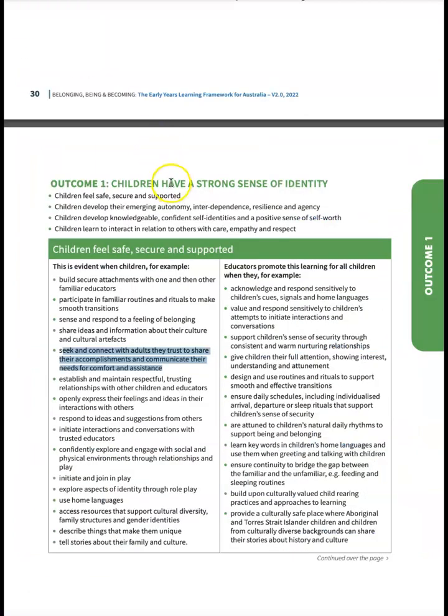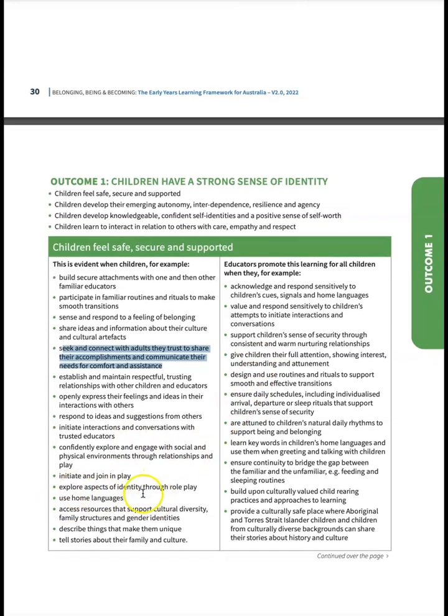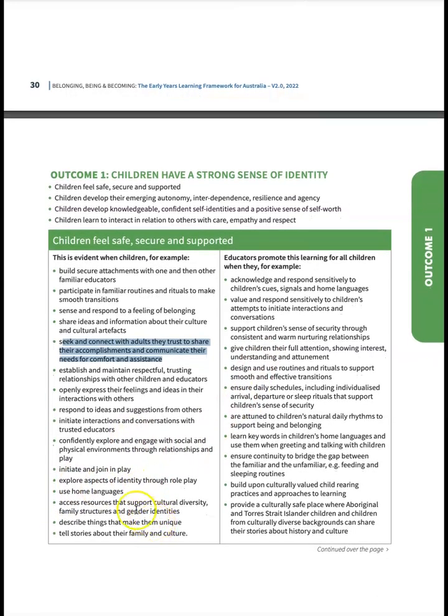If we look at my favorite EYLF 2.0, you can find here some other important indications, such as sense and respond to a feeling of belonging, and participate in family rituals to make smooth transitions, build secure attachments. Also relevant, seek and connect with adults they trust.